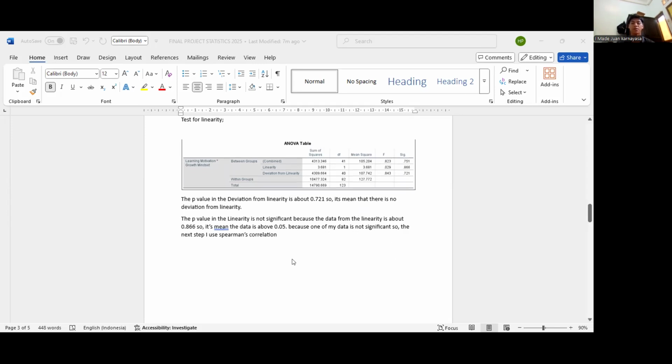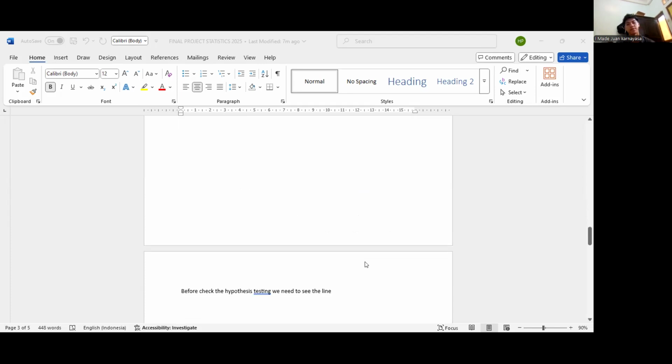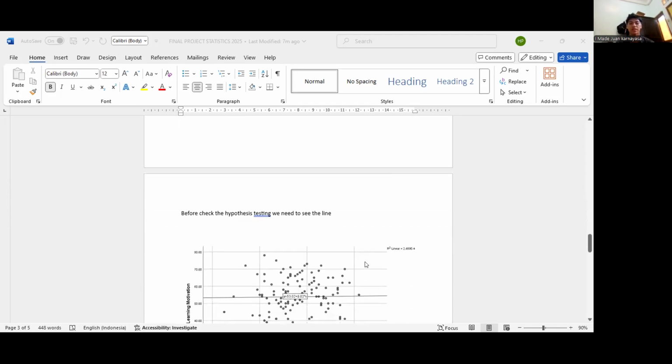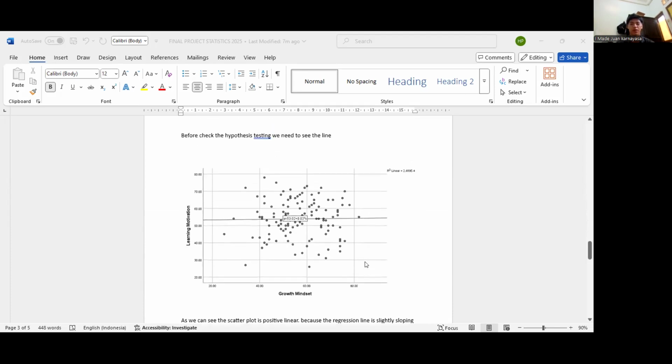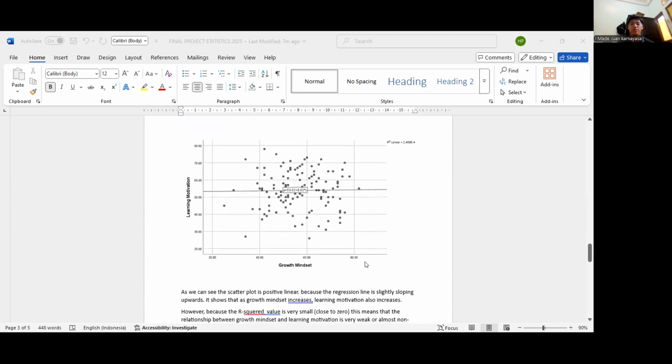Before we check the Spearman correlation, we check the scatter plots. This is my scatter plot for the data of learning motivation and growth mindset. As we can see, the line is positive.